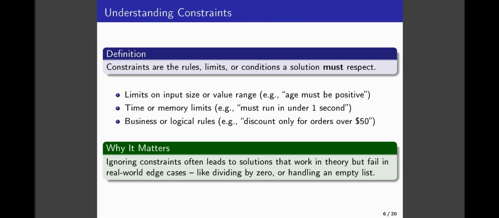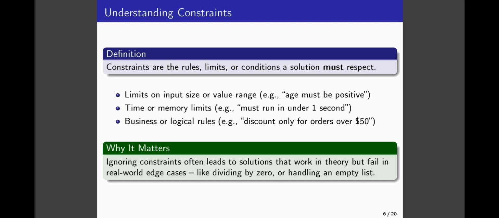Then, understanding the constraints. This is something beginners often overlook, and it can really affect your code later. Constraints are simply the rules, limits, or conditions that your solution must respect. That could be limits on input size or value range, like age must be positive, age can't be negative. It could be time or memory limits, like this must run in under 1 second, or it could be logical rules, like a discount only applies to orders over $50.